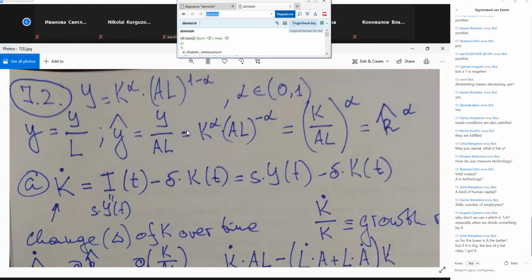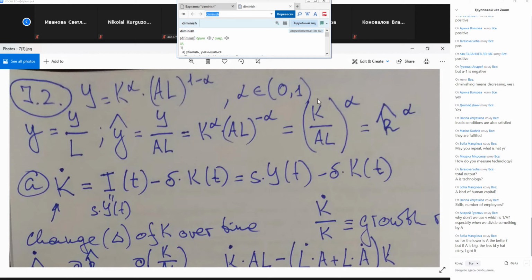So then we transform the production function in units of effective labor. It's the same, we just transform it further, and here we have big K, capital overall, the aggregate capital in the whole economy per unit of effective labor.